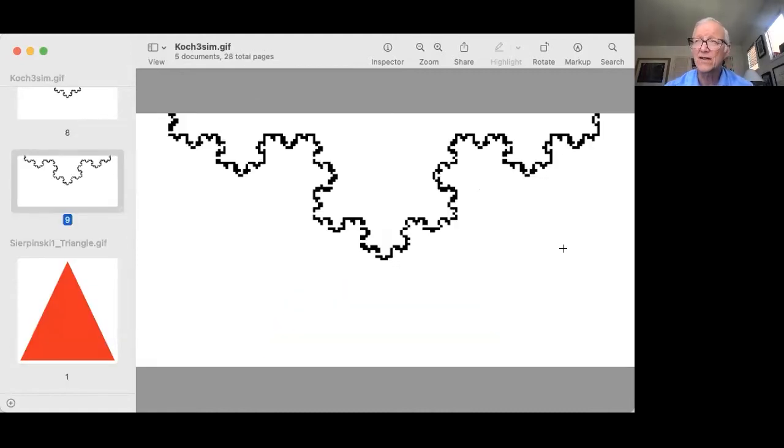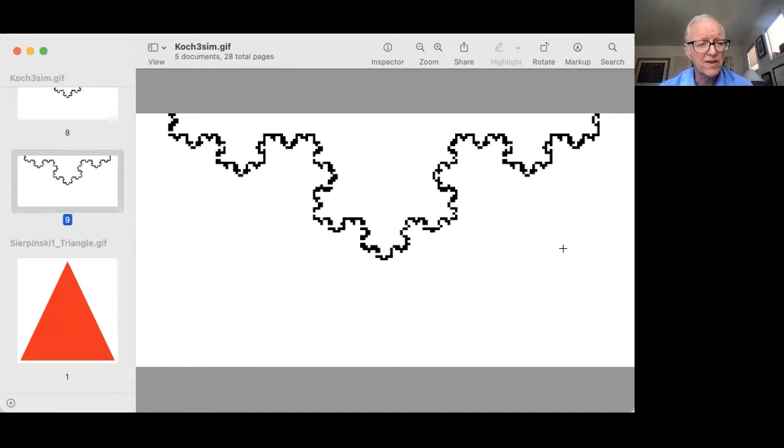So fractals are self-similar. They have a very rough structure and they have a scaling. The self-similarity is manifested in the fact that if you zoom in and get to a smaller and smaller scale, then the same pattern repeats itself.